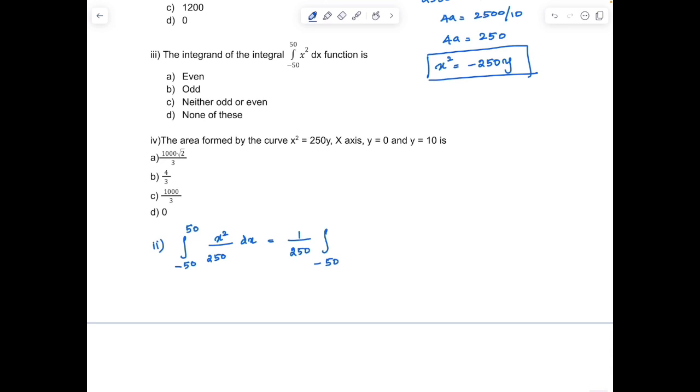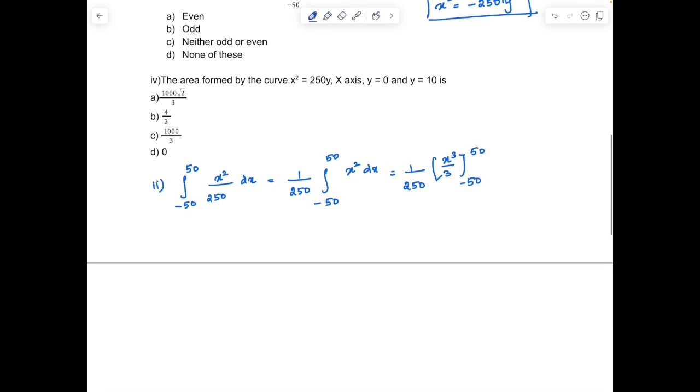Integral from minus 50 to 50 of x square dx, which is 1 by 250 times x cube by 3, limits minus 50 to plus 50.